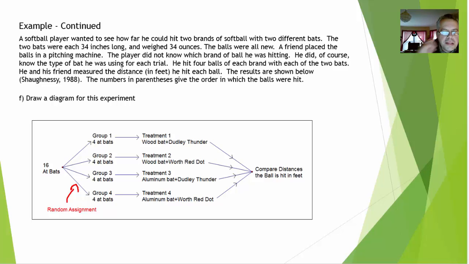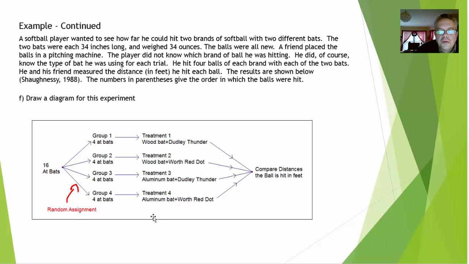Here, it says draw a diagram for this experiment. So this is much like the diagram given in the book. And we see that there are 16 at-bats. Actually, I had a kind of hard time deciding what the participants or units were in this experiment, but they were at-bats. And then we would randomly assign each at-bat to a group. It's kind of the same as randomly picking whether to use a wood bat or which softball to use.